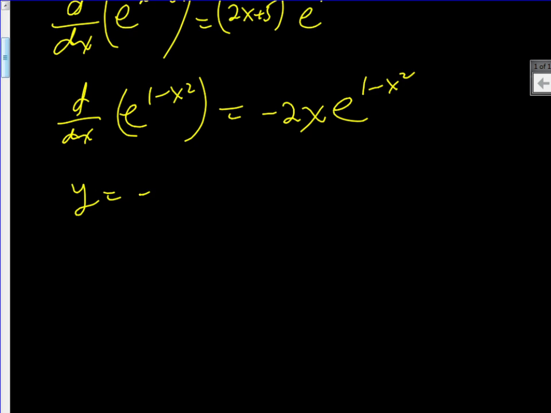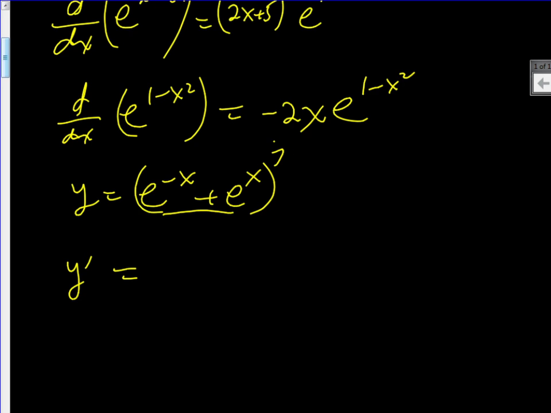Suppose you have y is equal to e to the negative x plus e to the x, raised to the 7th power. Well, the derivative of the left side is y prime, that is dy dx. The derivative of the right side, well, it's a function to a power.